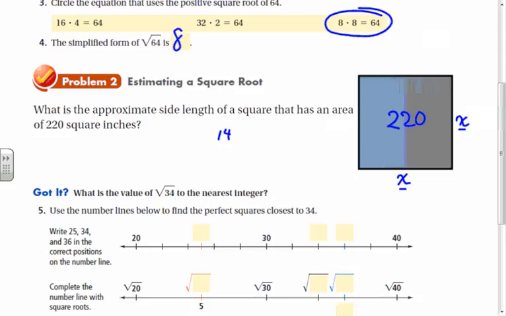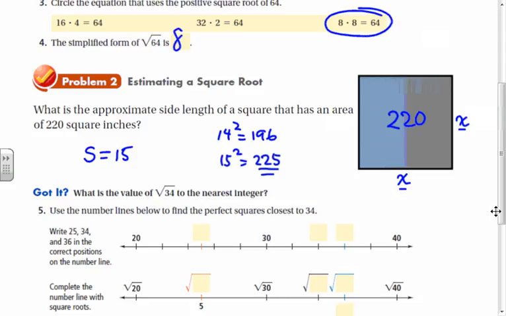Since 14 squared is 196 and 15 squared is 225, to the nearest whole number, we're going to say that x, the side length of the square, is equal to 15, since 225 is closest to 220.